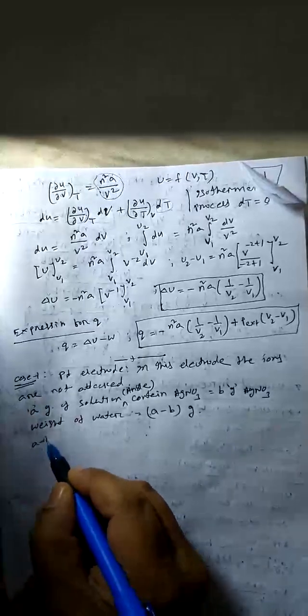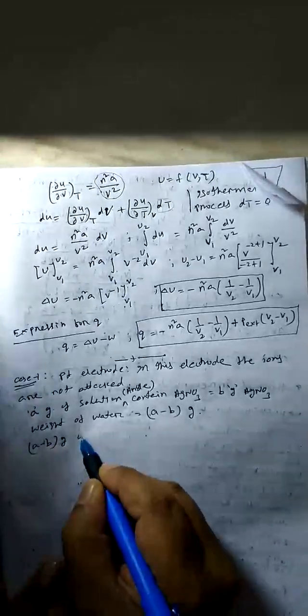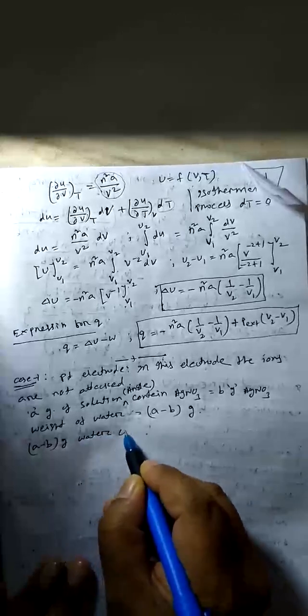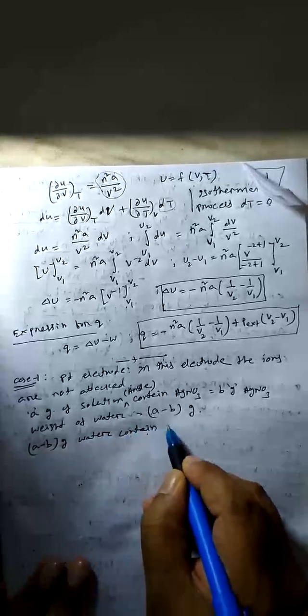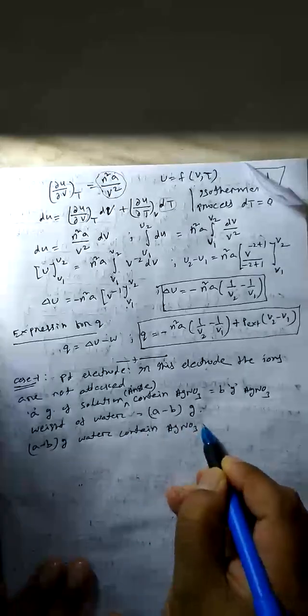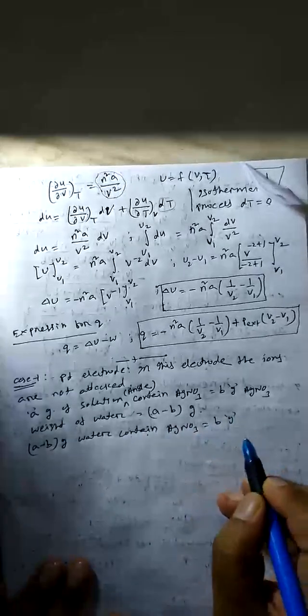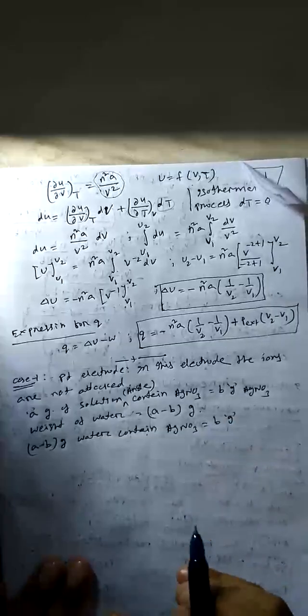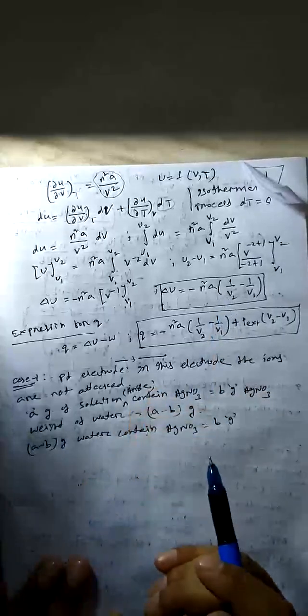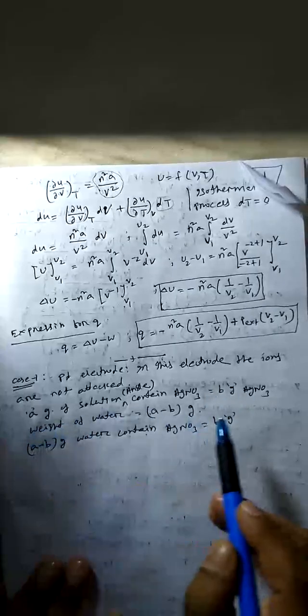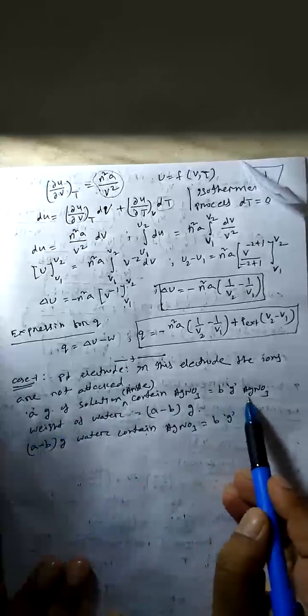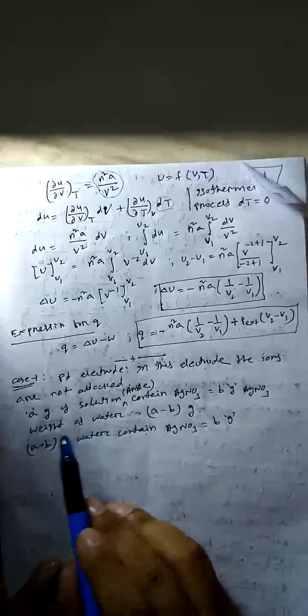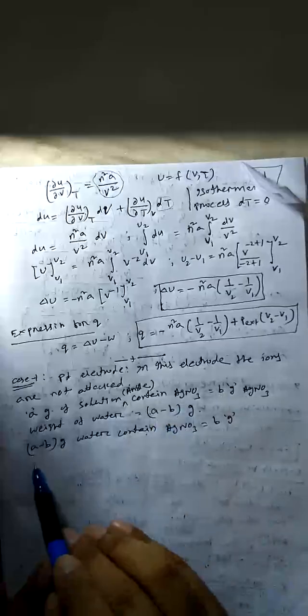So a minus b gram of water contains b gram of silver nitrate.